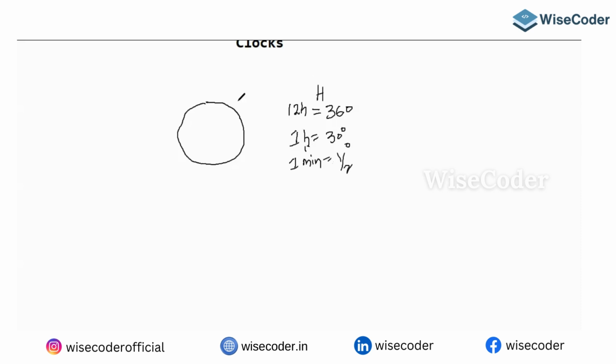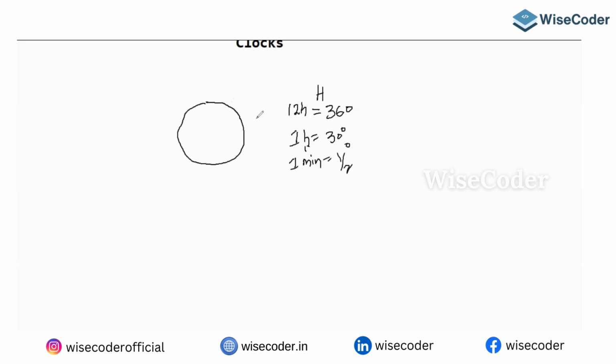Generally, in a clock there are two types of hands: the hour hand and the minute hand. They move in relation to each other continuously, and at any given point of time they make an angle between 0 and 180 degrees with each other.